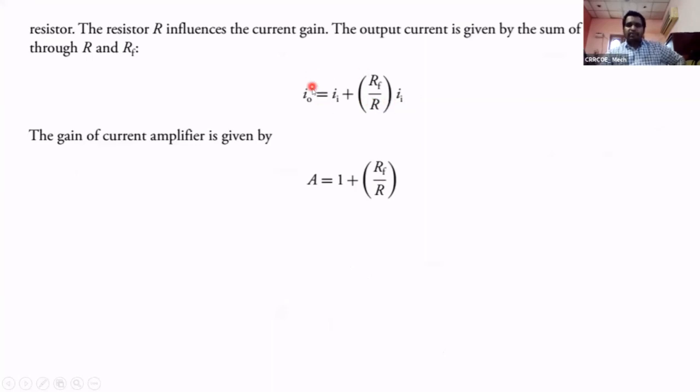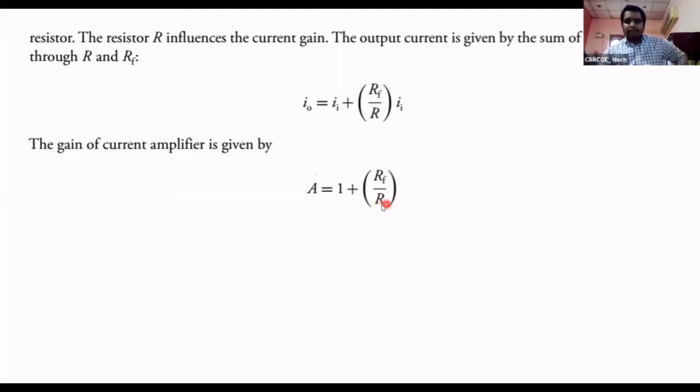This is the equation from the circuit. Taking I common, I naught is equal to 1 plus RF by R times I. I naught is the output current, and I is the input current. What is the amplification factor A? That is 1 plus RF by R, the ratio of the feedback resistance to the ground resistance, the extra resistance taken.